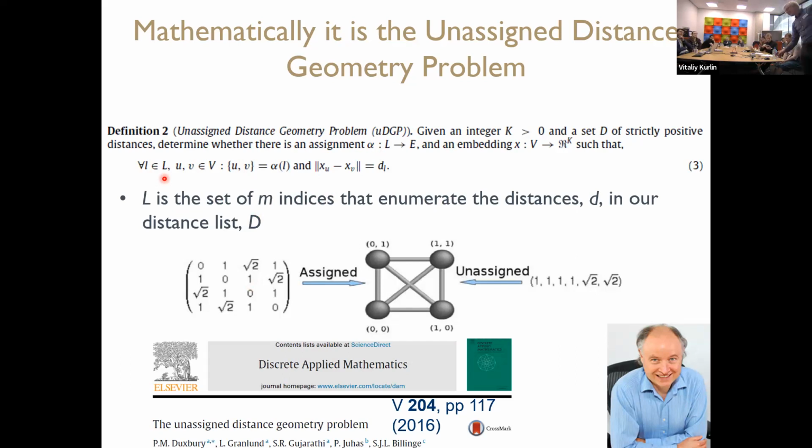It turns out that the assigned problem is quite straightforward to solve, but what we're doing is throwing away the assignment, so we don't know what the rows and the columns are in the matrix, but we're just taking all these numbers and putting them into an ordered list. That's the so-called unassigned distance geometry problem. And that's the one that we were working on, just really specifying it. And then it turns out that's a hard problem.